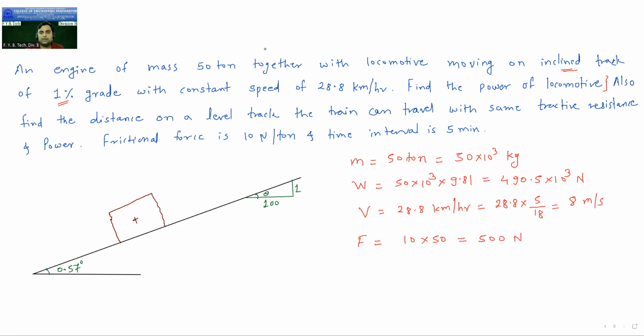So here somewhere the centroid is there. Now we will show the weight. Weight is acting vertically downward. The value of weight is 490.5 into 10 raised to 3 Newton. So now if we resolve it, then these are the components.